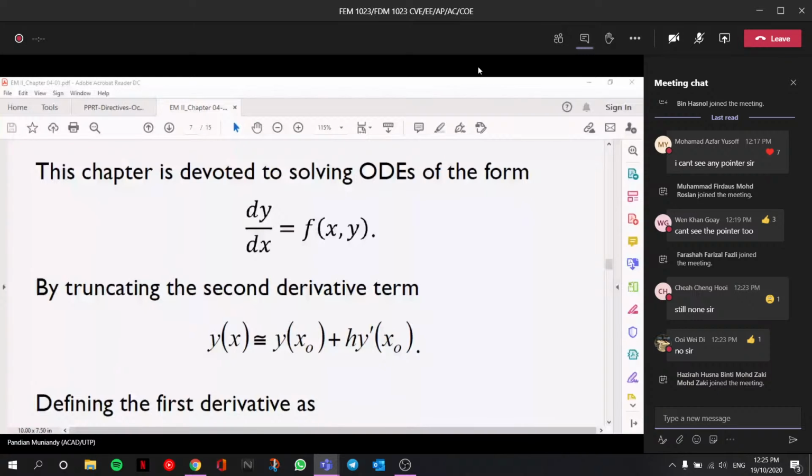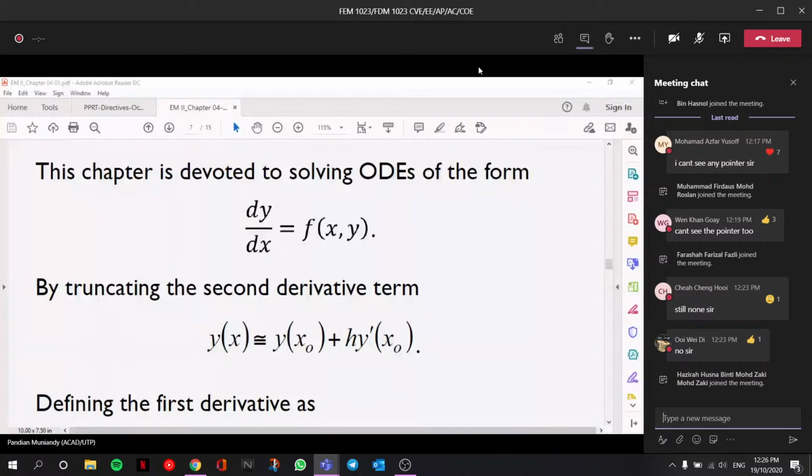That's why I'm putting the pointer here. Epic Pen. Do you know Epic Pen? No, sir. So how now? I have no idea.